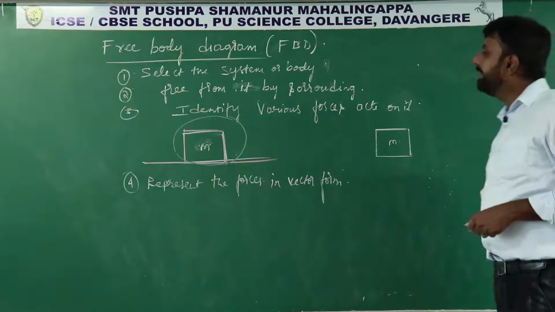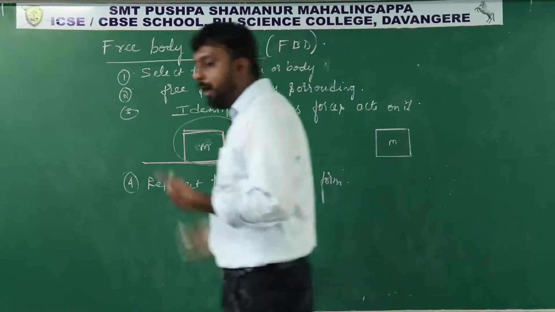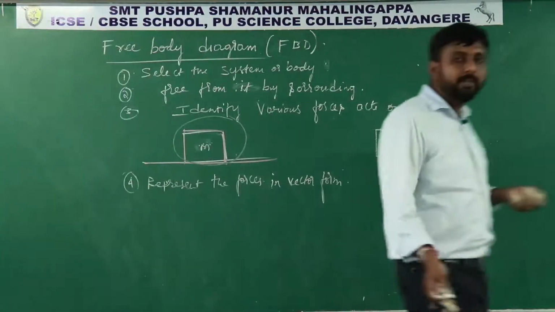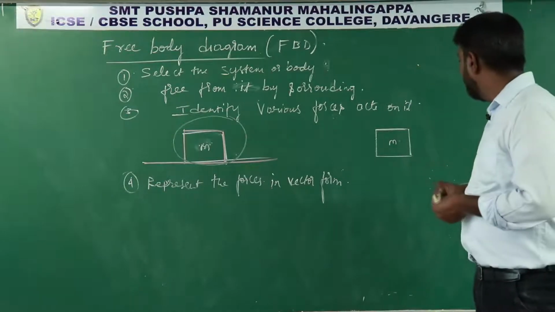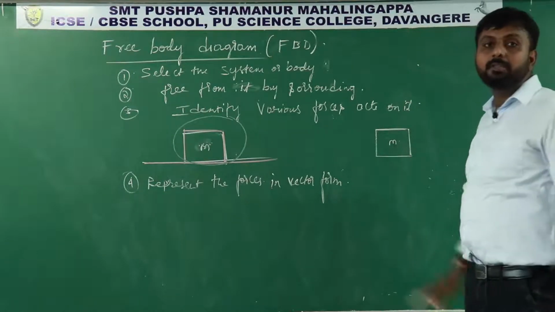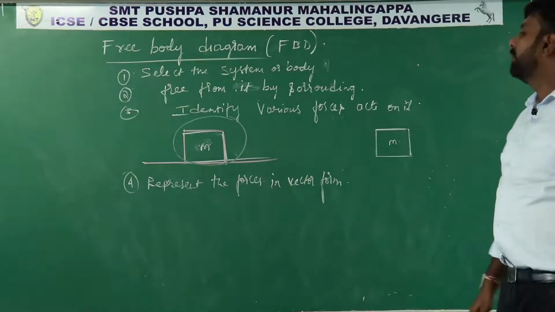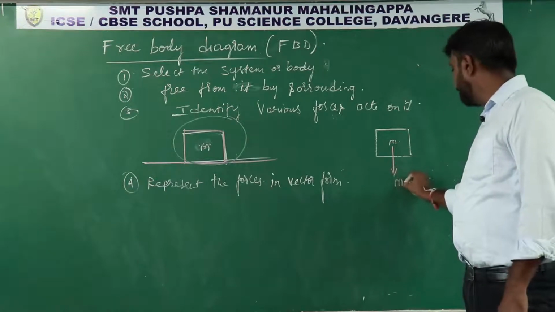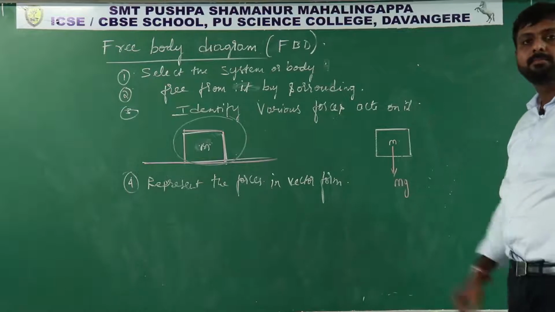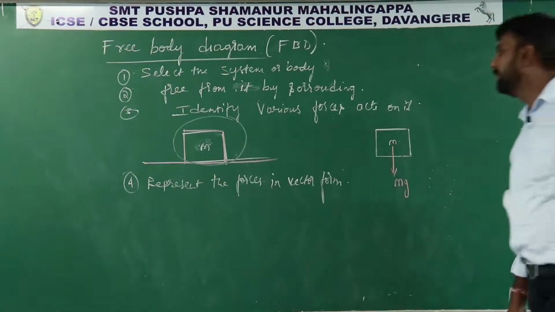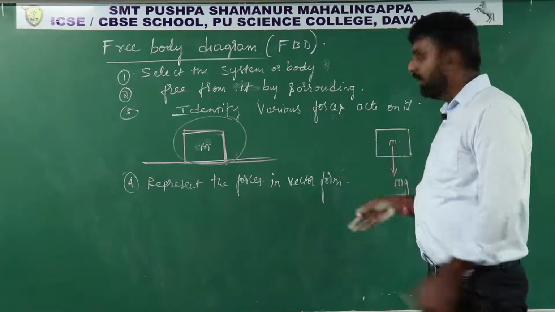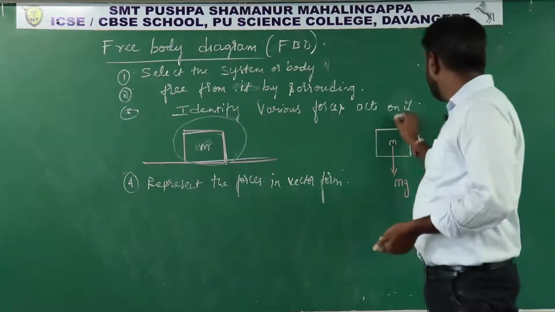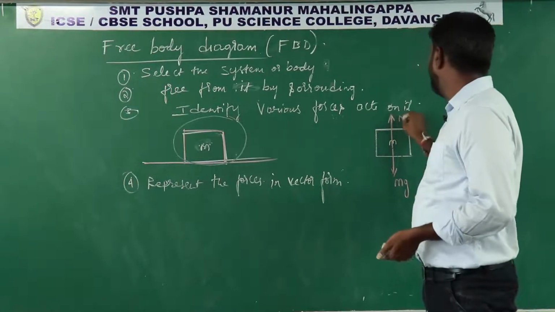Now identify the various forces. We have to see how many external forces are acting on this object. Definitely, one is the weight, which always acts vertically downwards: mg. Next, the surface applies the normal reaction, the normal force, acting upward.